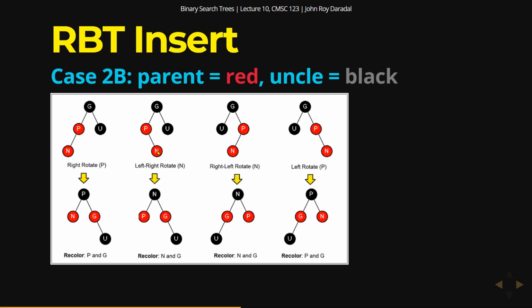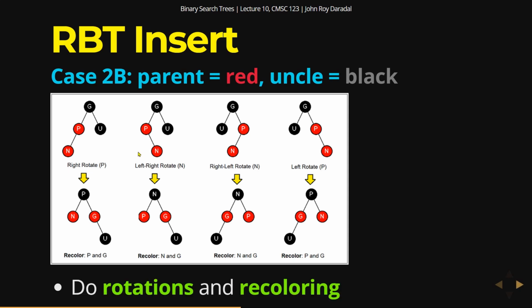And the same thing here, new node is red, parent is red, uncle is black. So all four cases here have that configuration: new node red, parent red, uncle black, and the grandparent, which is always black. Based on the pattern, we'll have to do some rotations and then recoloring.